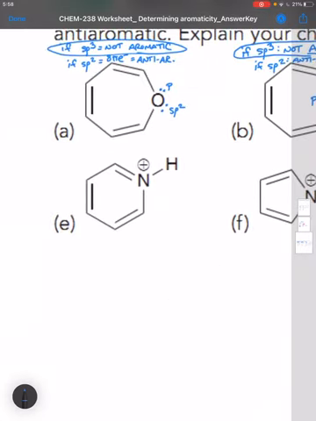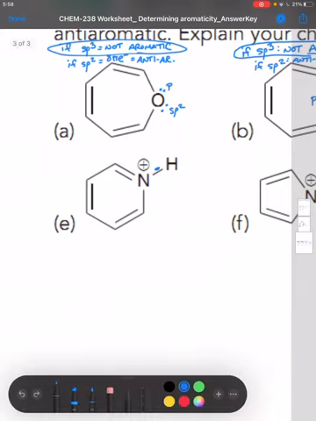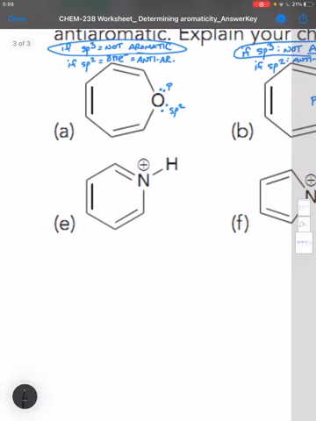We look at part E over here. Okay, now the nitrogen has a positive charge. Well, it doesn't really matter, right? The previous nitrogen had the same kind of setup with a lone pair over here that wasn't bonded to anything. Now that lone pair is bonded to something, but we don't care. It's in a hybrid orbital. So our p orbital overlaps are still here, still 6 pi electrons, still aromatic.